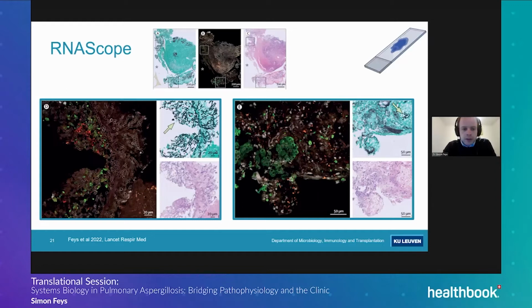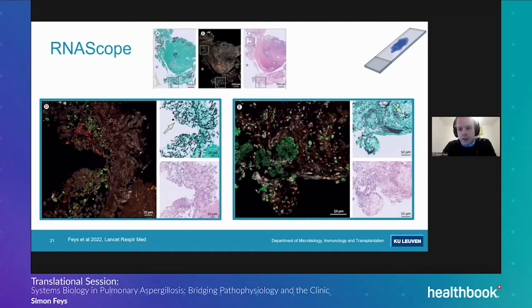In white on the RNAscope image, the DAPI stained hyphae, you can clearly see them invading the tissue throughout the epithelial cells of the host, which are in green. And then in red, you see the SARS-CoV-2 virus, or RNA particles of the virus, which is currently or has very recently infected this epithelial layer.